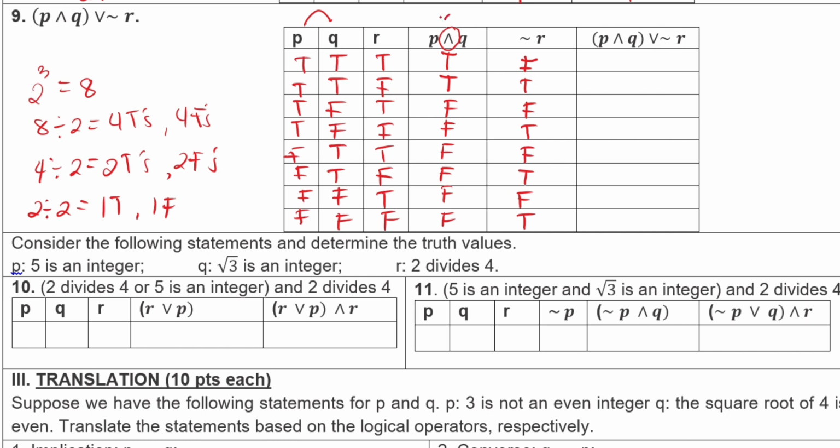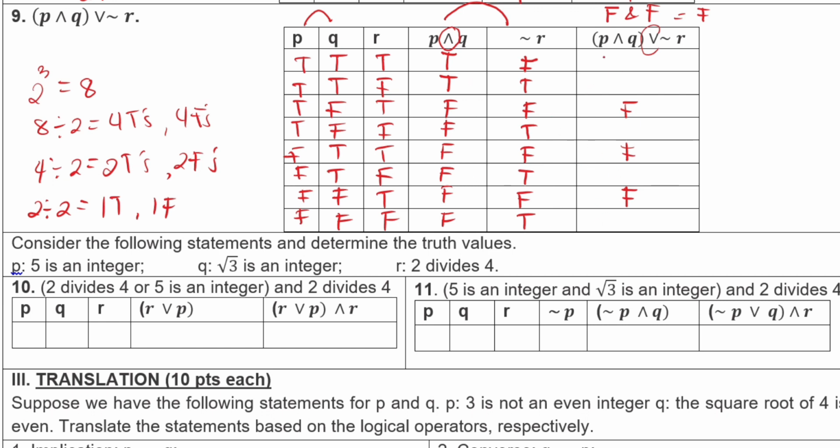Then we're going to compare this and this using the disjunction or. For or, we're going to consider if first is false and the second is false, therefore the answer is false. So false, here false, here false, here is false.